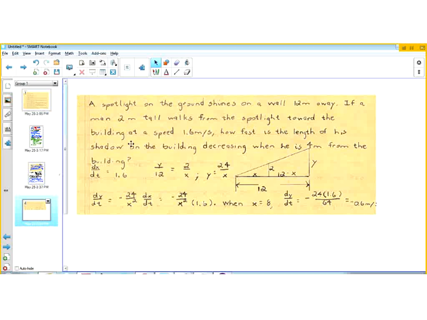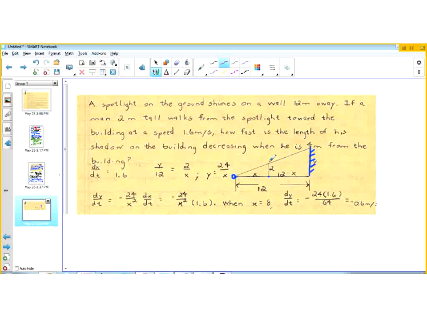In this problem, we have a spotlight on the ground, say right here, that shines on a wall 12 meters away. So here's the wall, and the light beam is shining on the wall.